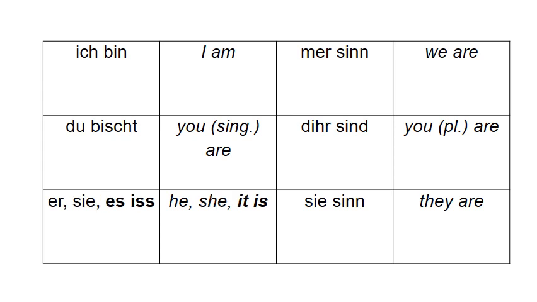To say it is, you say es ist. This combination of es, it, and ist, meaning is, very often gets shortened to the sound sis. Sis.